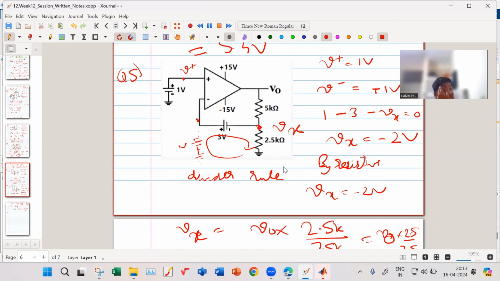Basically, you must apply the virtual ground concept because there is negative feedback. Once you apply the virtual ground concept, then you have to apply KVL or KCL. That is the trick. Sorry, what? First, you have to apply the virtual ground concept. Yes, sir. Once you apply the virtual ground concept, then you have to apply KVL or KCL as required.